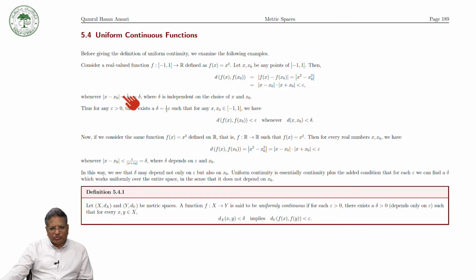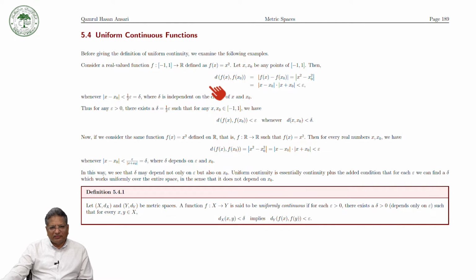Now we can choose 1 over 2 epsilon equal to delta. In other words, x minus x naught is less than delta. Then d of f of x, f of x naught is less than epsilon. So if mod of x minus x naught is less than delta, then this is less than epsilon.